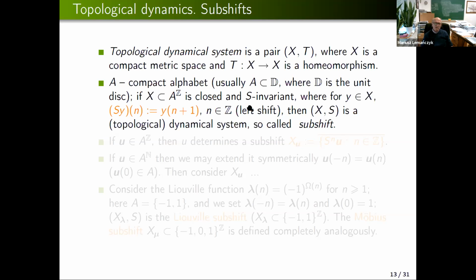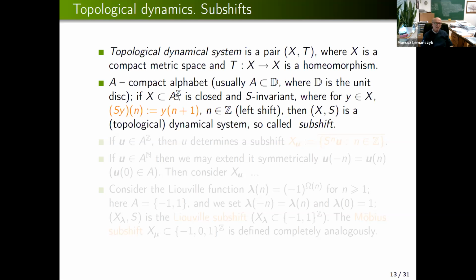And then if you take any closed subset of this space, which is also S invariant, then you obtain S acting on X, because X is assumed to be S invariant. So this gives us a topological dynamical system. So this is a subshift.